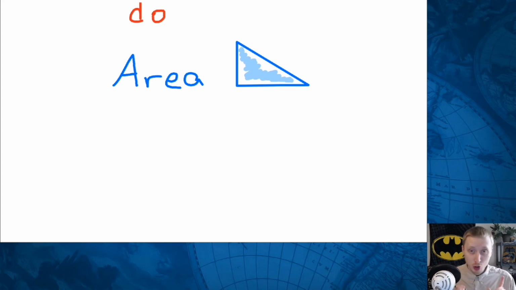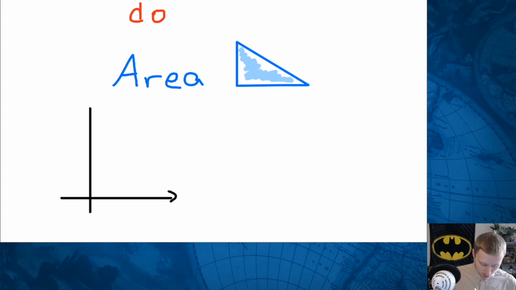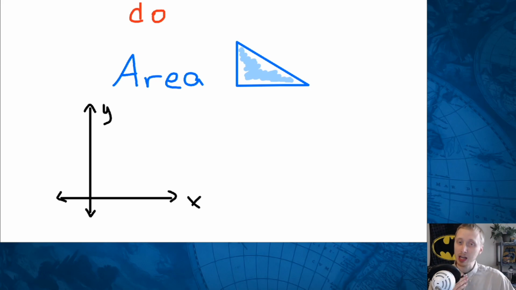Area being a two-dimensional size, let's bring back a reminder from the days of algebra. The two-dimensional plane, the Cartesian plane, right? We have our x direction and our y direction. Area is a measure of how big, right?